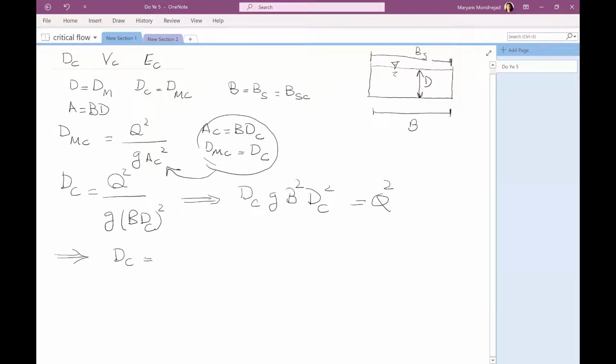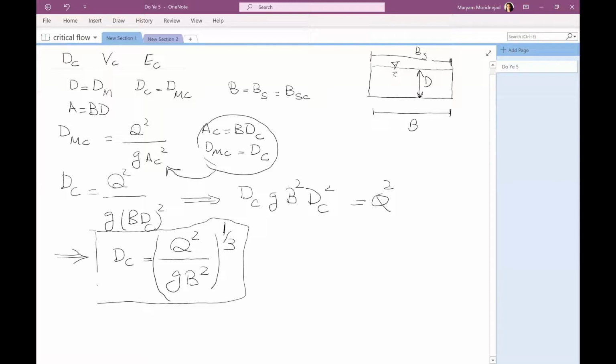DC is equal to Q squared divided by G B squared, to the power of 1/3. This is one of the equations for finding the critical depth in a rectangular channel.